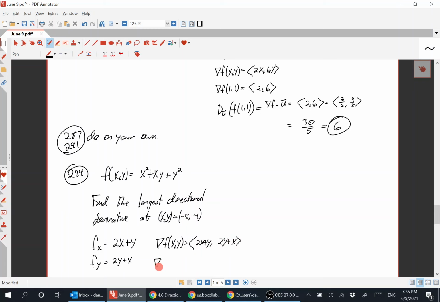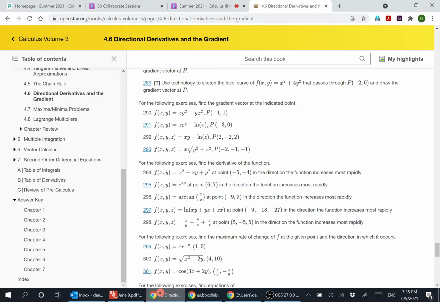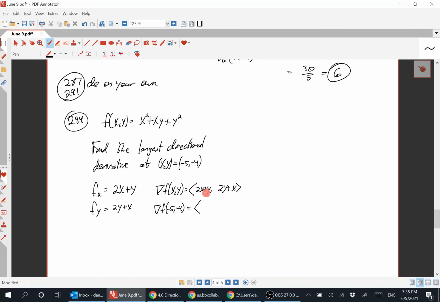So the gradient vector at minus 5, minus 4 is equal to, so x is minus 5, minus 10, minus 4, minus 14, and minus 8, minus 5, all right, negative 13.